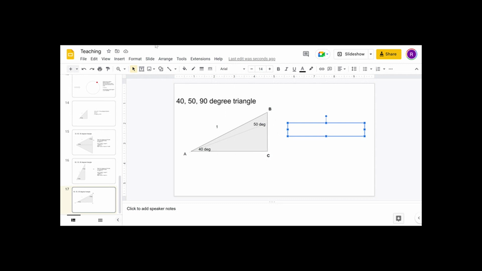Okay. And will it be less than 0.707 or more than 0.707? Anyone? Do you know why I am saying 0.707? What is 0.707?